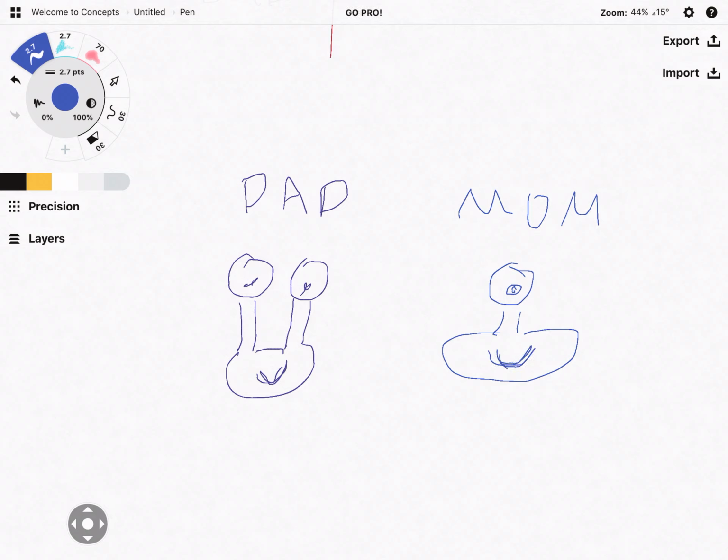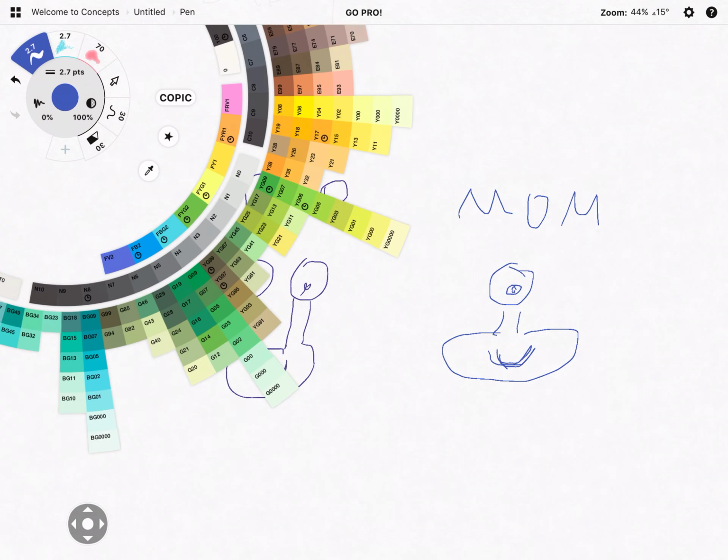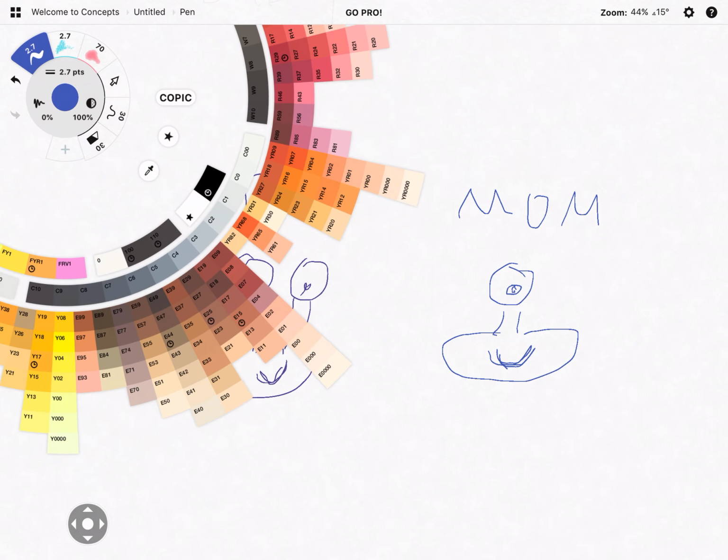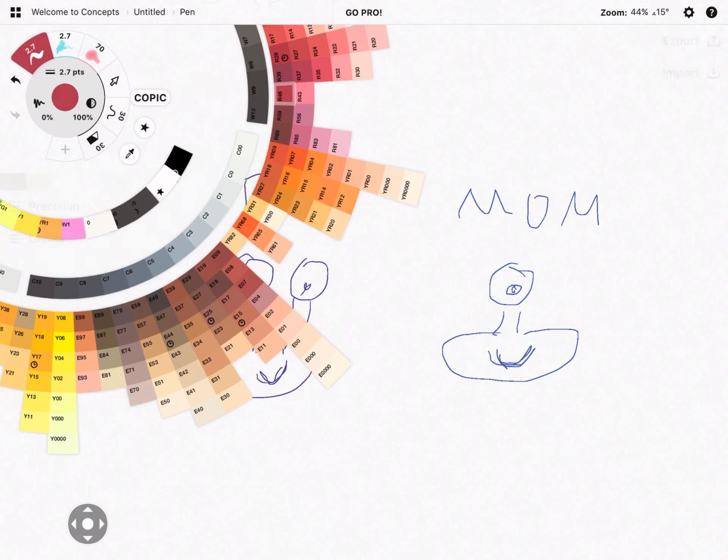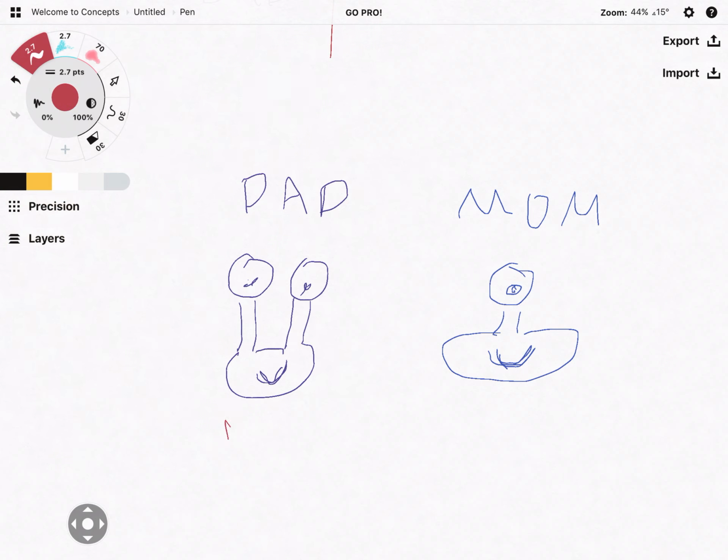So now let's think about their genes. Let's say that the dad, he has a gene for 2 eyes.